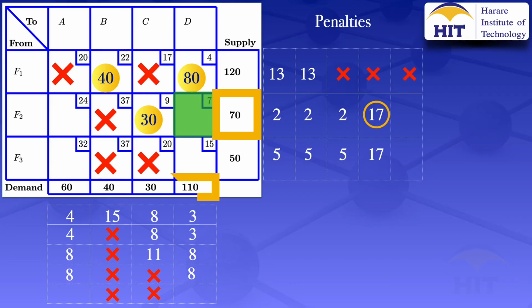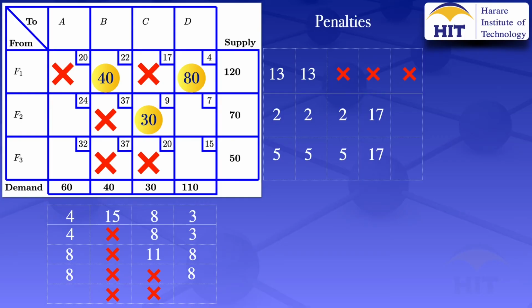And when looking at the demand constraint, we are looking at 110 minus 80, because we have already allocated an 80 in that column. So the 80 there gives us a 30. So we look at the minimum of the 30 and the 40. The minimum there is a 30. So we can allocate 30 units there. So we put 30 units in that cell.